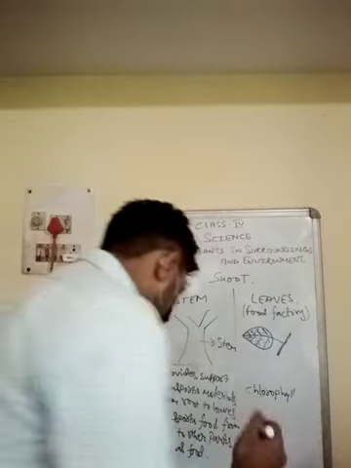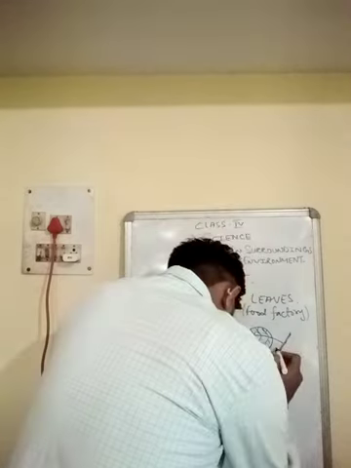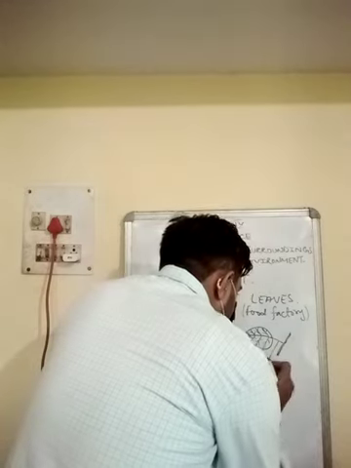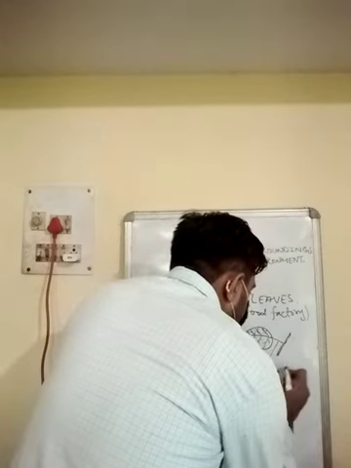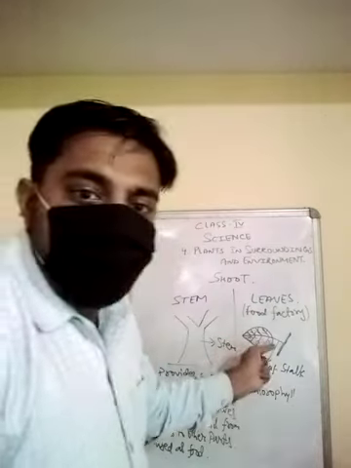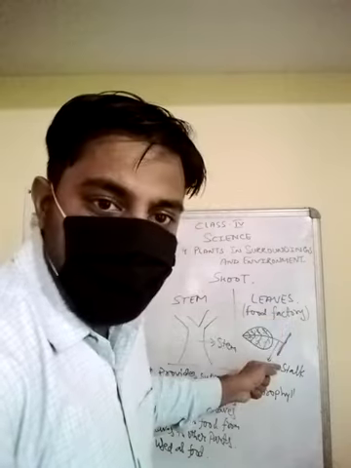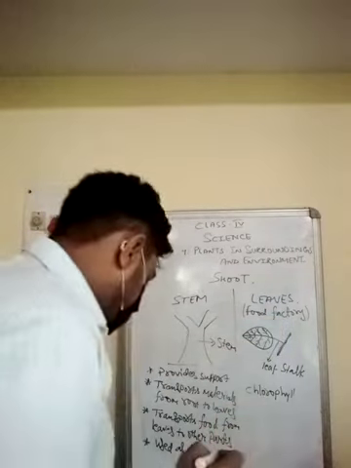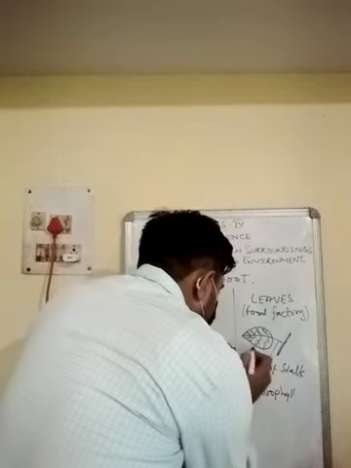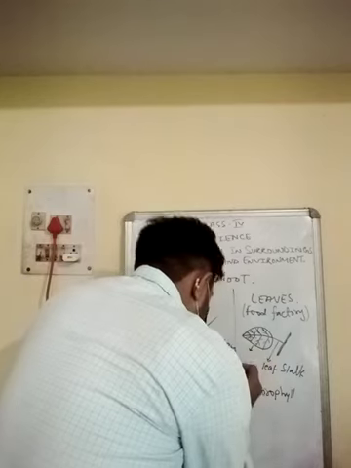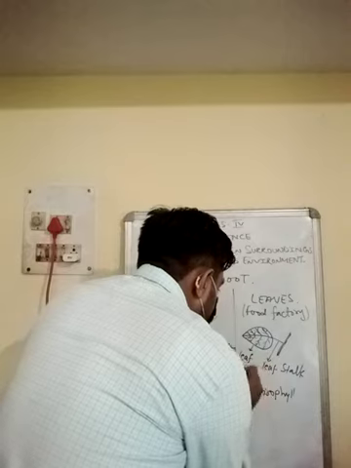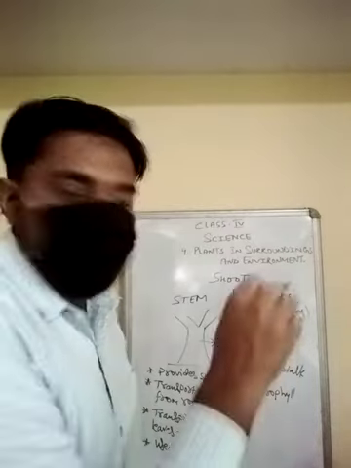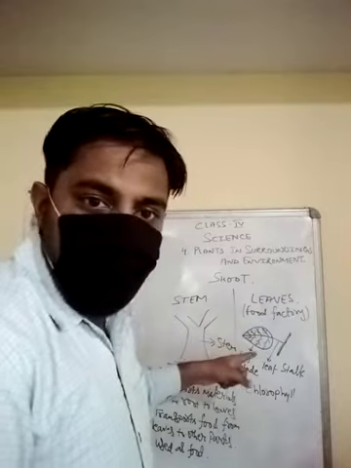Now coming back to the parts, first of all we have the leaf stalk, the small branch which connects the leaf to the main branch. Understood? Then you have the leaf blade, the outer edge of the leaf.